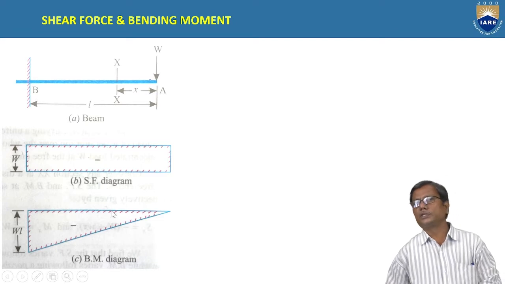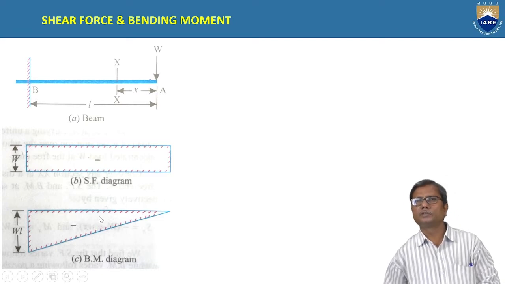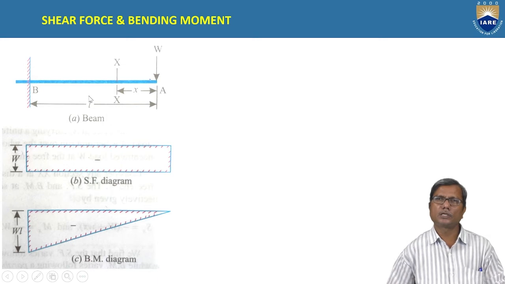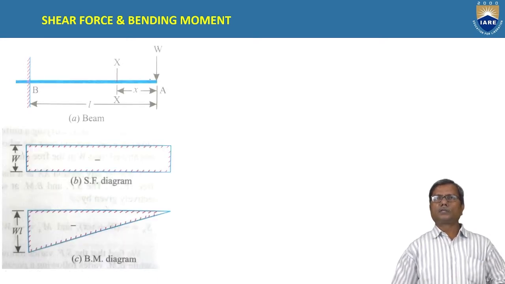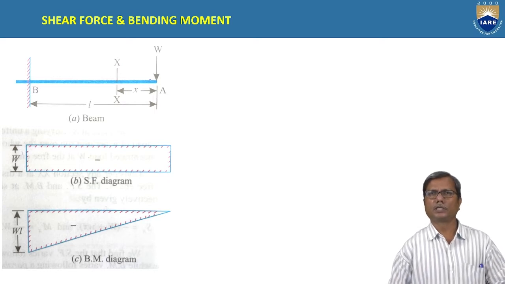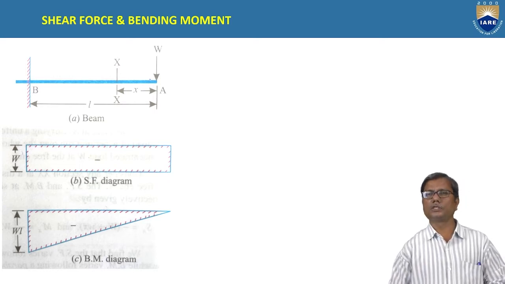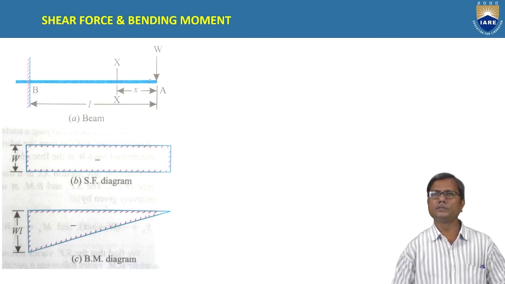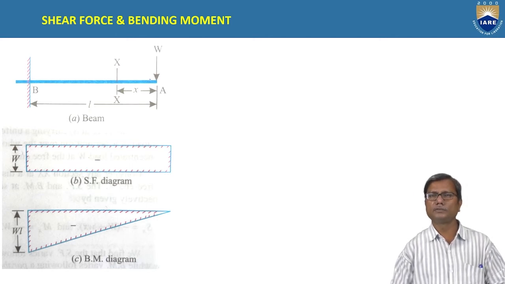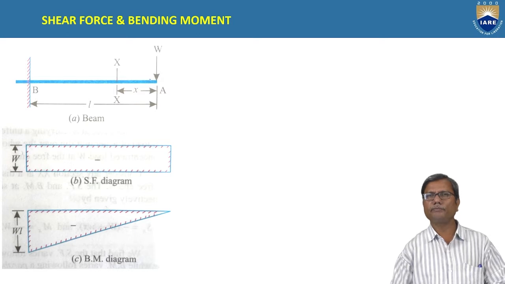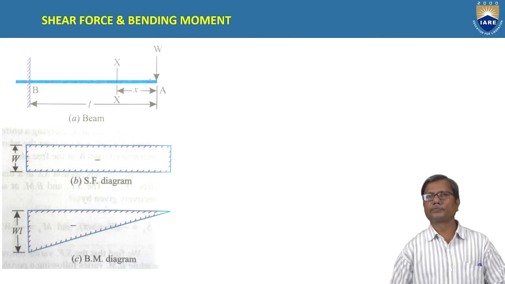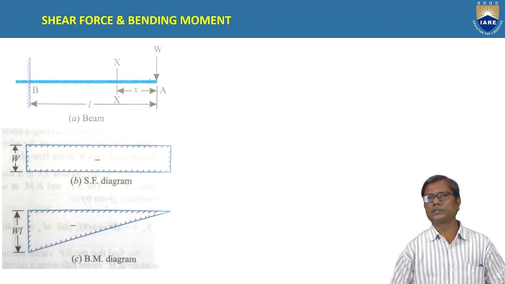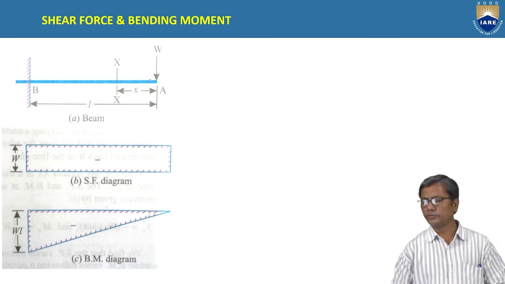So let us consider the very simple case of a cantilever beam subjected to a single point load at the free end. In cantilever beams, generally we consider the section and we consider the free end side of the section.